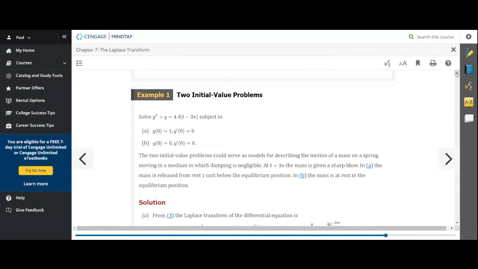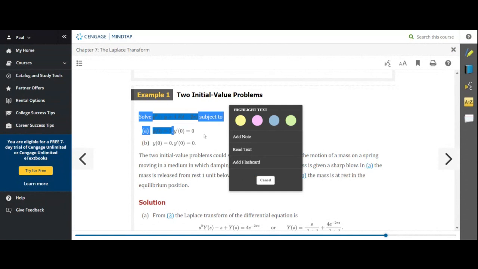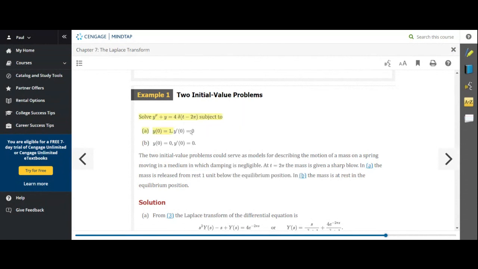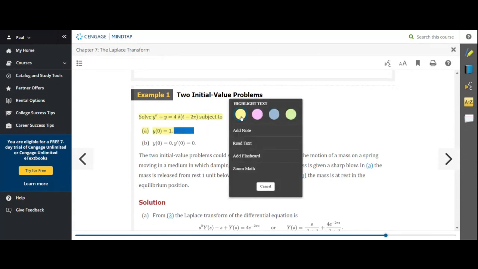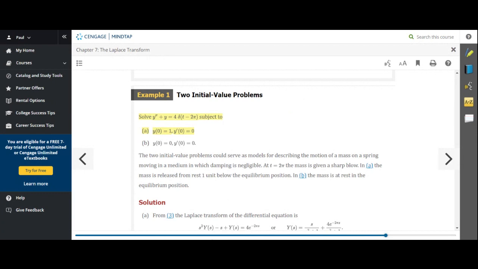Two initial value problems. Here you have a second order differential equation where the driving force on the right is equal to 4 times the Dirac delta function.